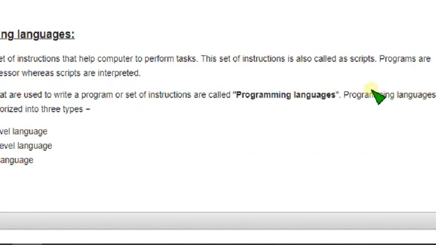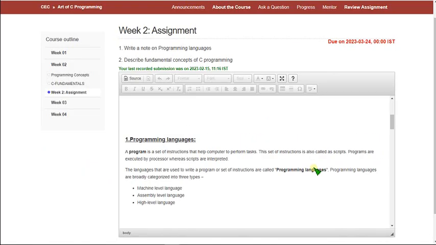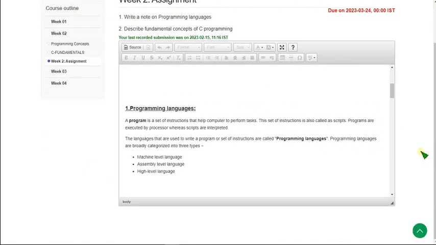I think the zoom is not working properly for the full length. Now you can see that. You can pause the video here itself and note it down, or you can take a screenshot. This is the first part of the first question's answer, and now I am moving to the next part of the first question.